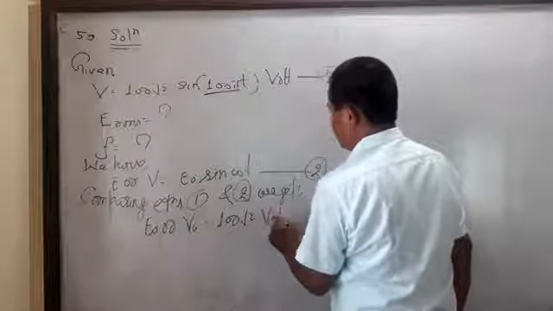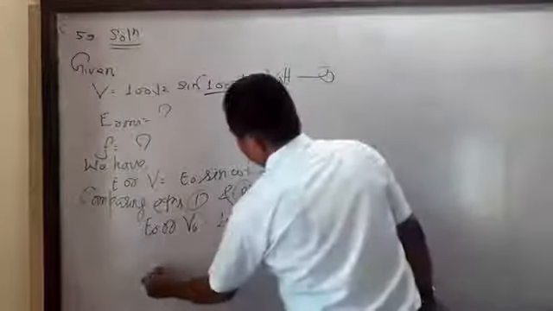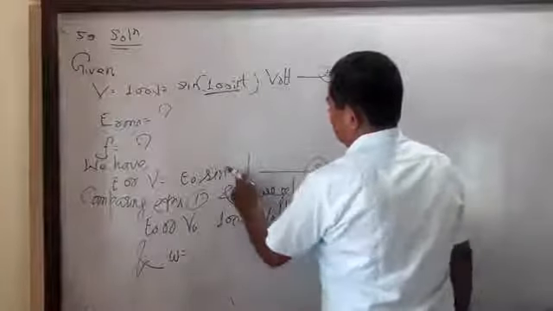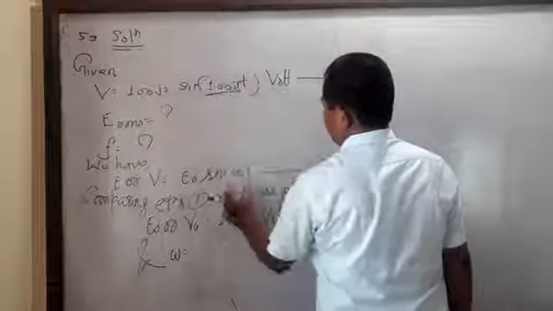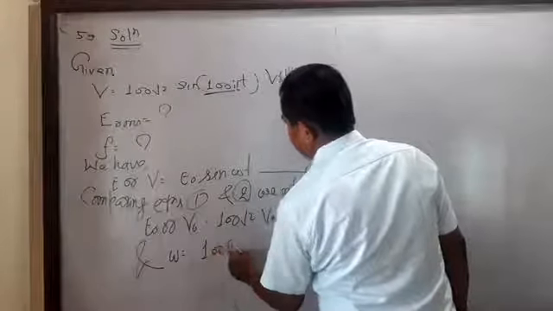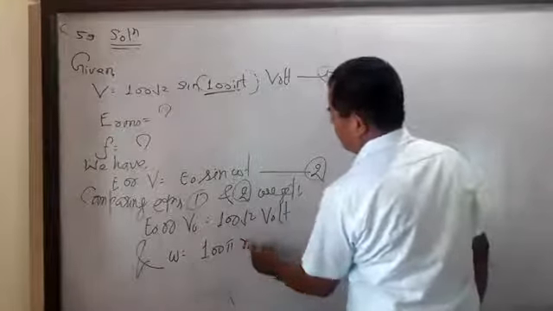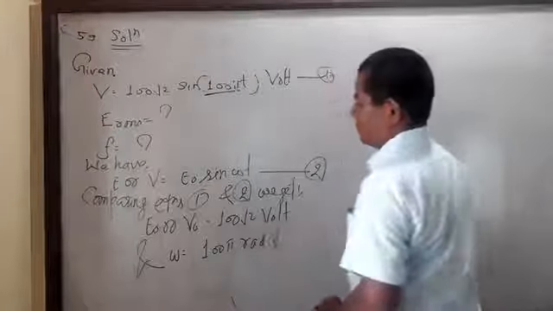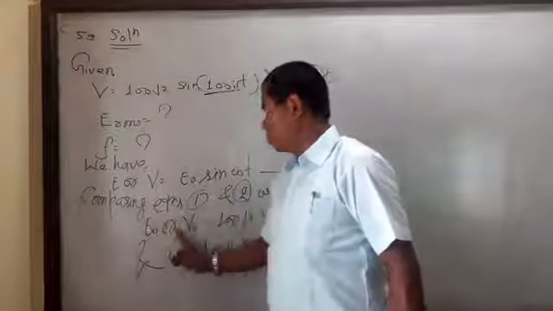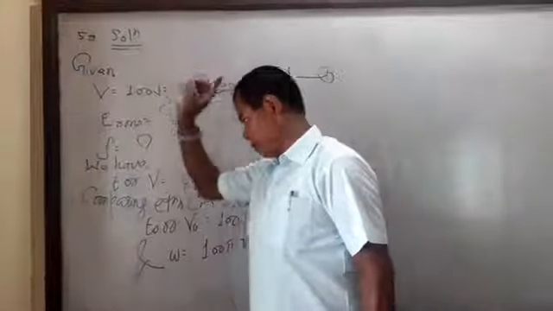This is the peak value of AC. And omega is equal to 100 pi, and t is t. This has unit radian per second. From E naught we find ERMS, and from omega we find frequency.